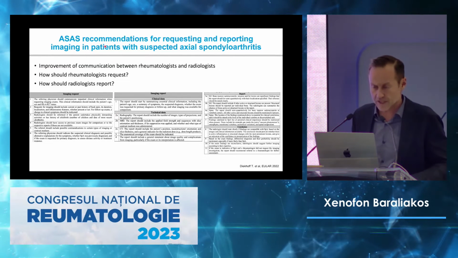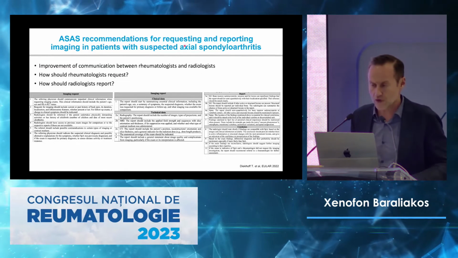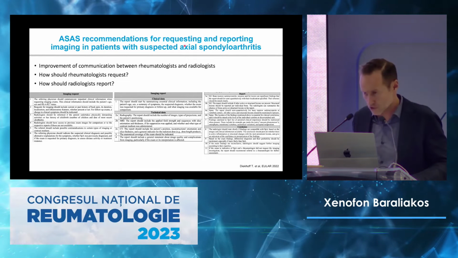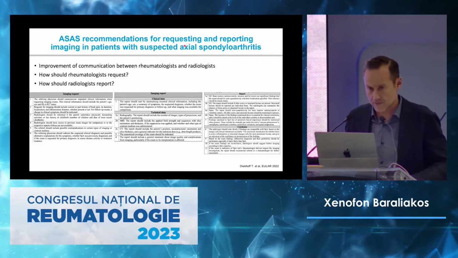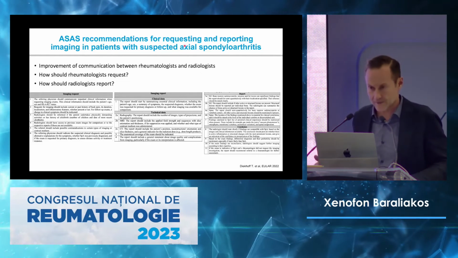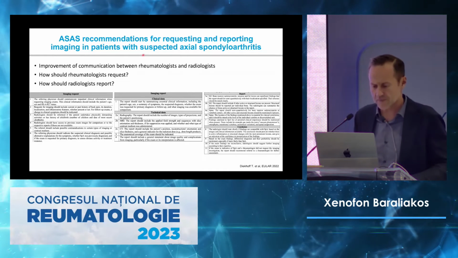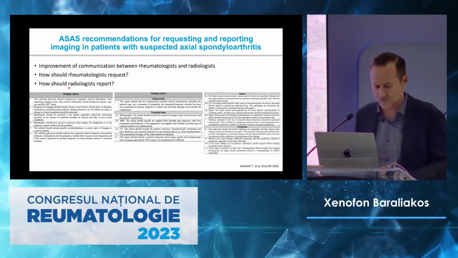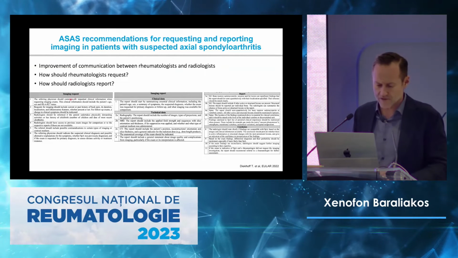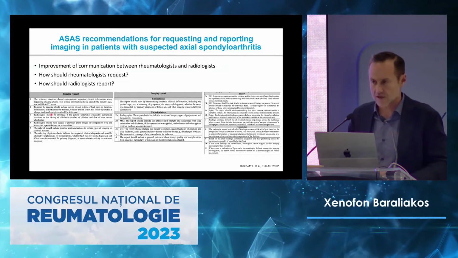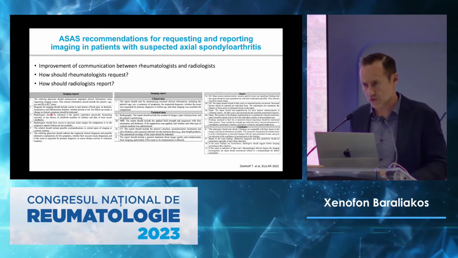These are the recommendations for how the rheumatologist requests an MRI, and how the radiologist reports back to the rheumatologist. Imaging in patients with suspected axial spondyloarthritis. So this is the request. We have 6 points that we would like to always mention when we request an MRI.